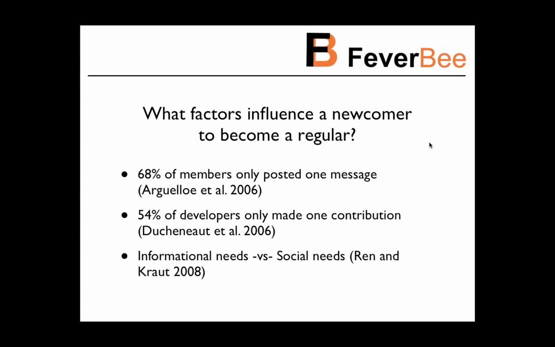So what we can see very early on is that a lot of community members are dropping out in two places. They're dropping out between the point where they register and make their first contribution, and between that first contribution and their second contribution.